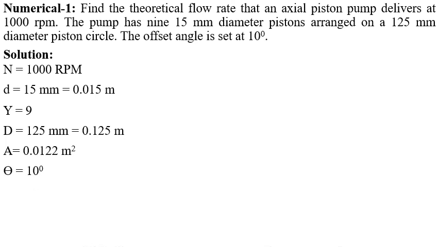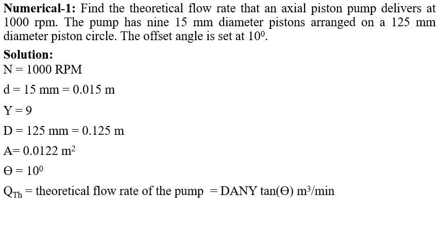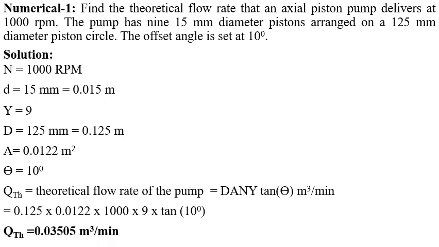Then theta is 10 degree. Now we will go for the theoretical flow rate of the pump, D A N Y tan theta. Capital D is 0.125 into A 0.0122 into N speed 1000, and tan theta is tan 10 degree. Simplify this and the final answer is the theoretical flow rate of this given pump is 0.03505 meter cube per minute.